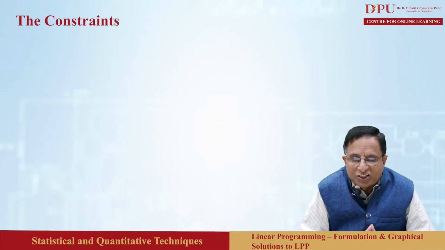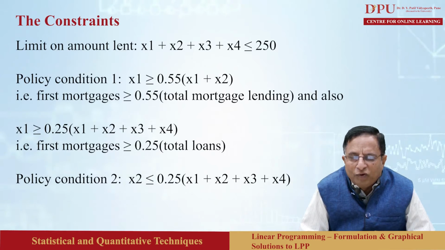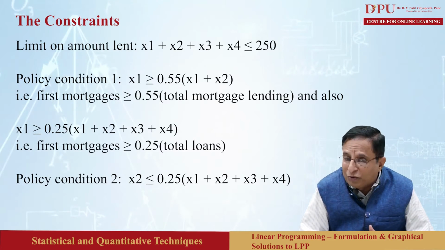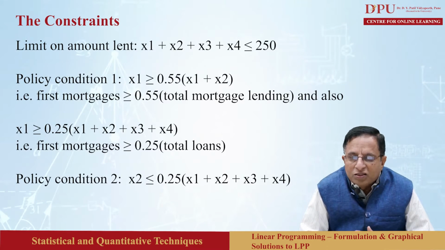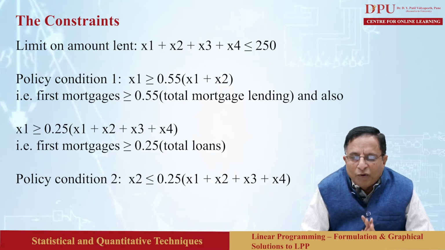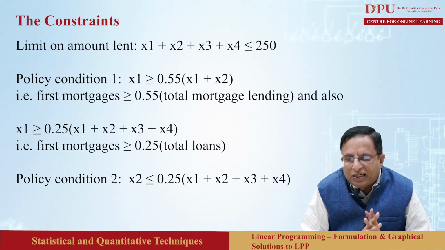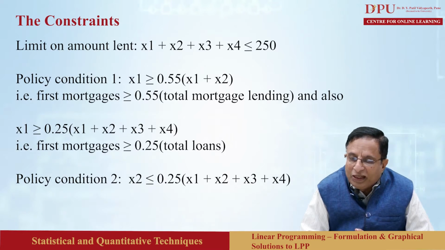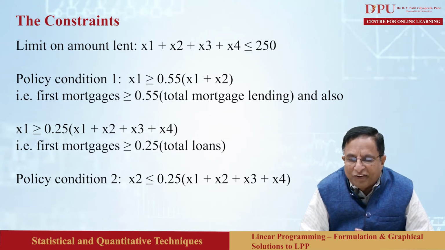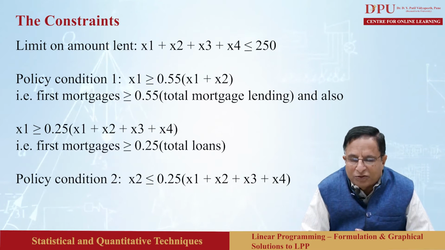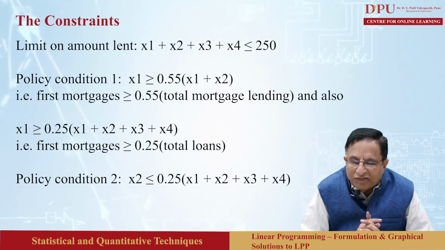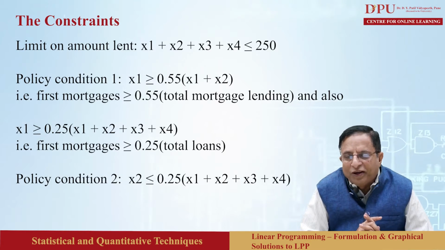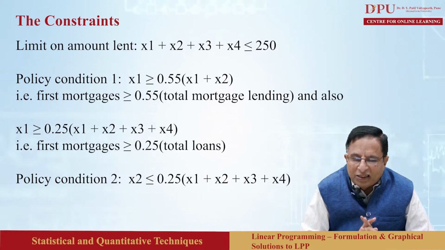The constraints: the limit on the amount lent. x1 plus x2 plus x3 plus x4 should be less than or equal to $250 million. So, the limit on amount lent is x1 plus x2 plus x3 plus x4 is less than or equal to 250. Policy condition 1: x1 should be greater than or equal to 0.55 multiplied by x1 plus x2, that's the total mortgage lending.